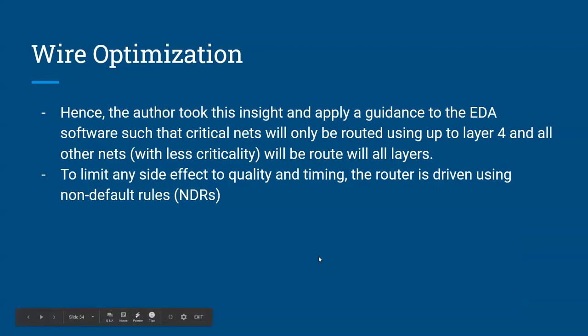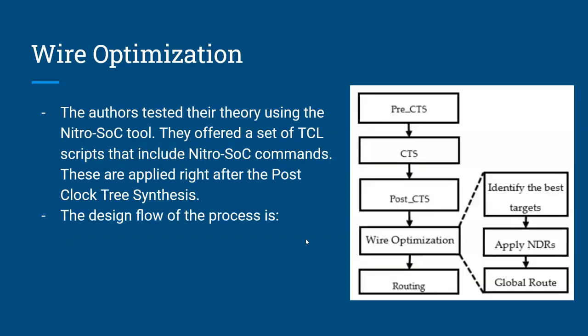Hence, the author took this insight and applied a guidance to the EDA software such that critical nets will only be routed using up to layer 4, and all other nets with less criticality will be routed with all layers. To limit any side effect to quality and timing, the router is driven using non-default rules.